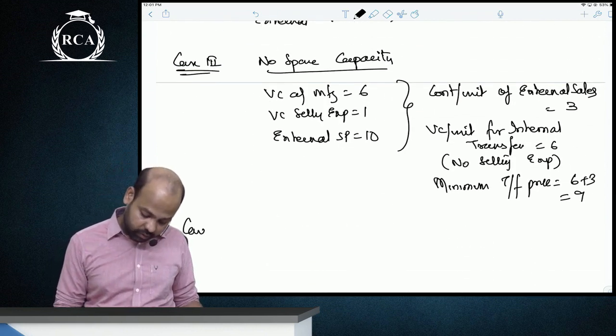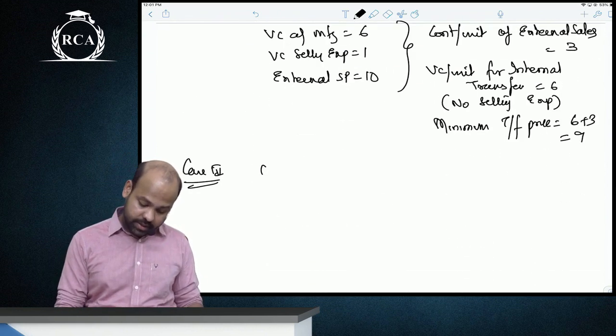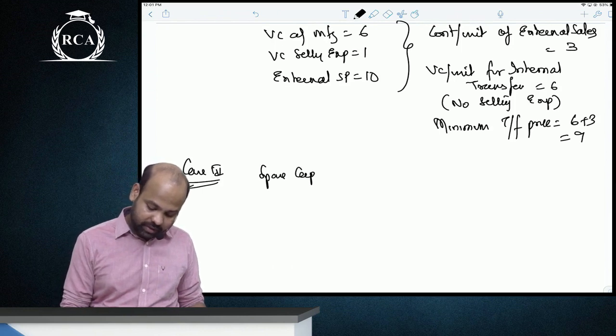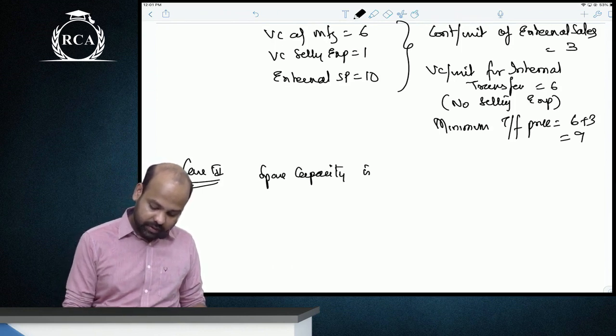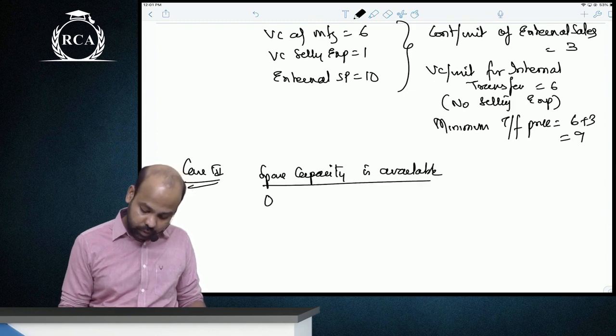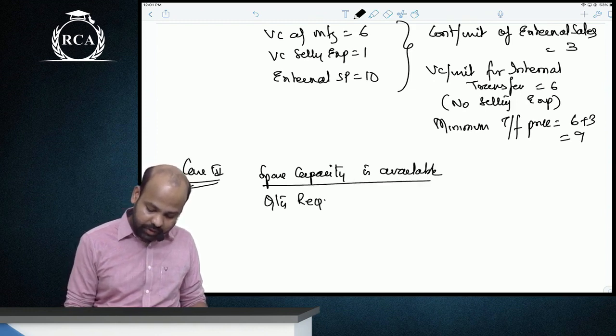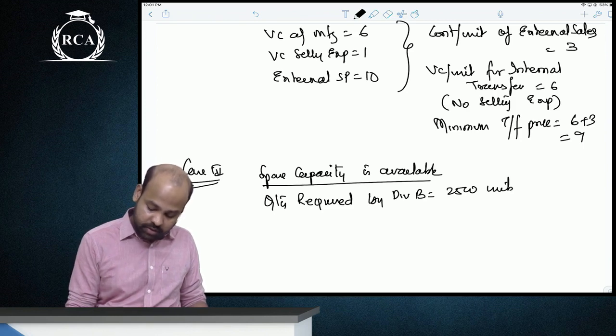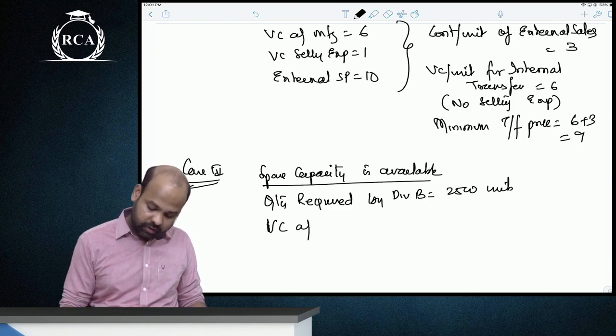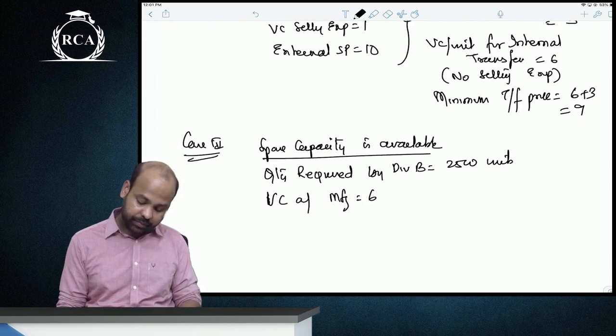Case 4: spare capacity is available. The quantity required by division B is say 2,500 units. The variable cost of manufacturing is 6 rupees.